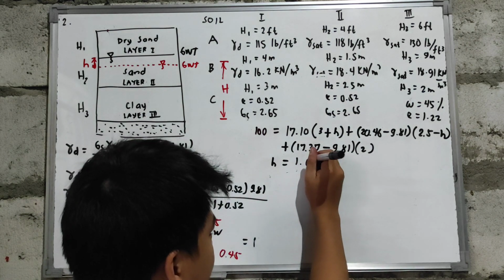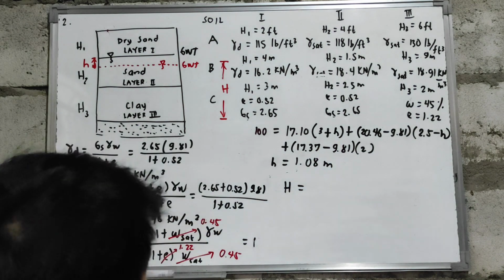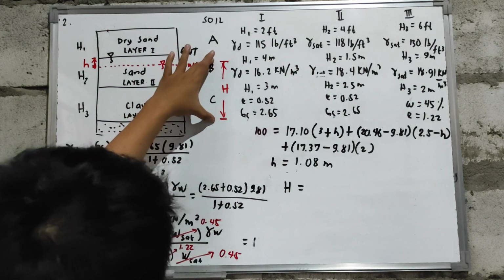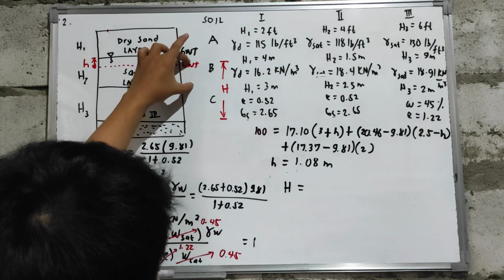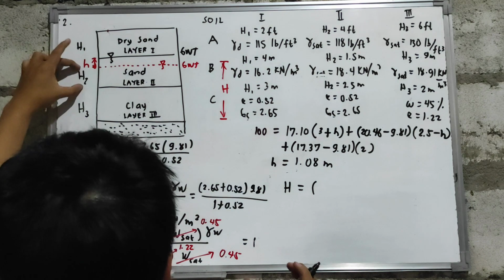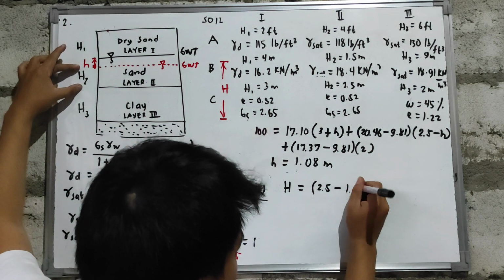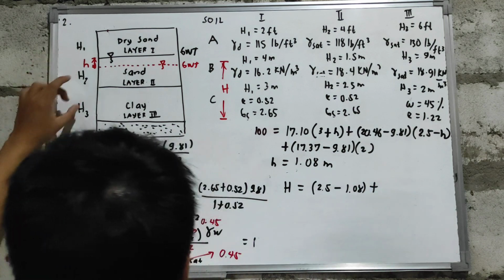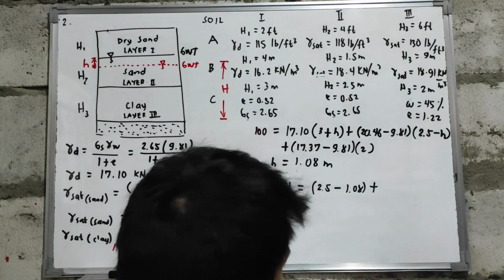1.08 meter. Next, paano naman natin kukunin yung capital H? So that will become yung H is equals to eto. So this is equal to 2.5 minus h na 1.08 plus yung H3 natin which is equal to 2 meter.